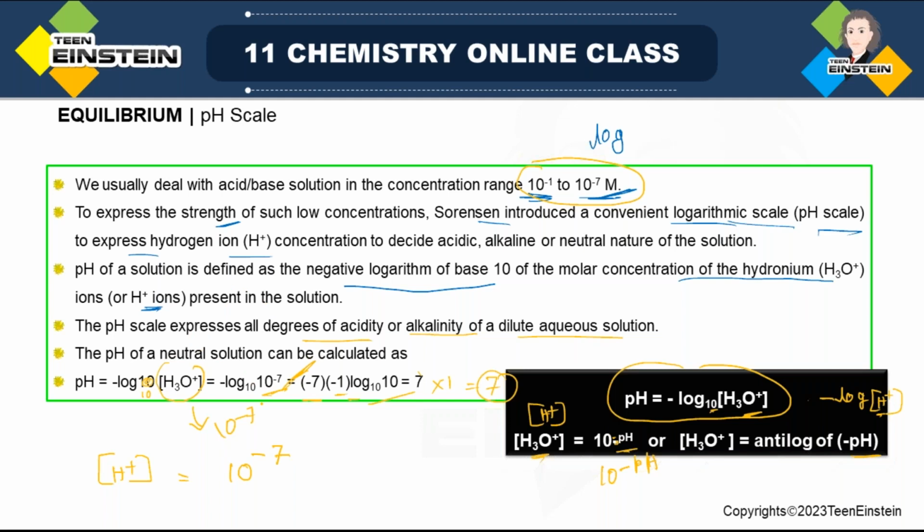In reverse order, if the pH is mentioned and it is asked to calculate the concentration, then you have to proceed in this way. And if the H3O plus concentration is given, then you have to take its log, then consider the negative sign so that the negative sign is cancelled. Ultimately the pH value will be a positive value, and its range is from 1 up to 14.